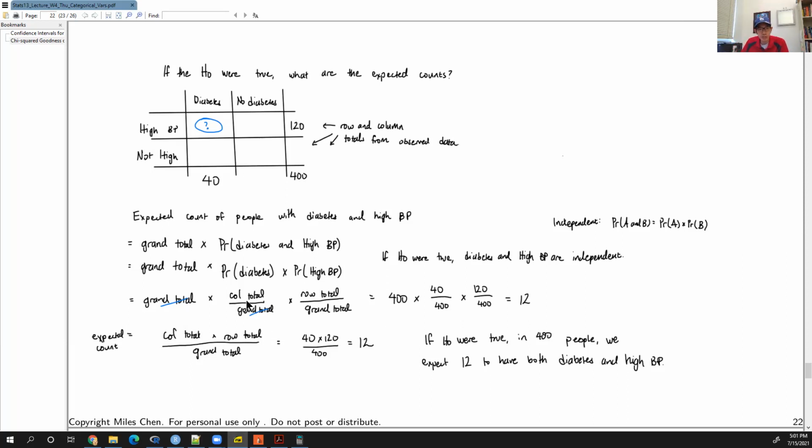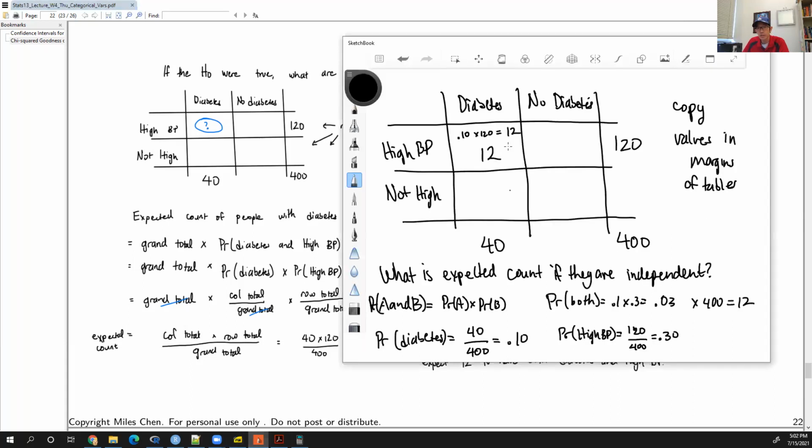Or, more generally, a shortcut formula: the column total 40 times the row total 120 divided by the grand total of 400. All of these give us the same answer of 12. Is that okay, how I got 12 right here? I hope so.